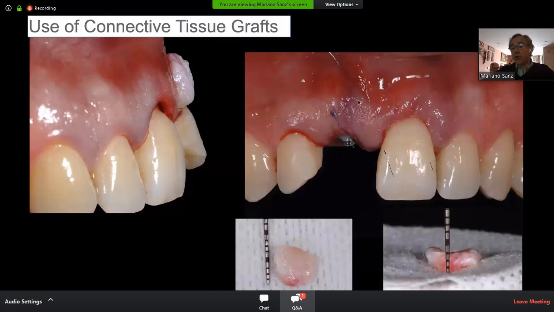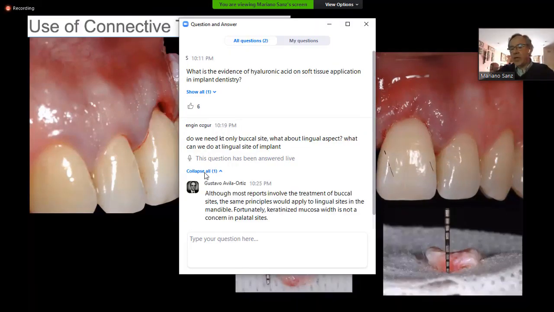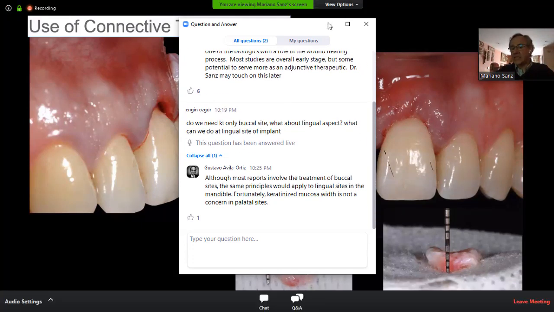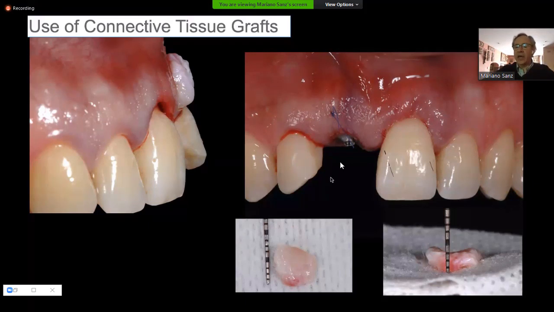In this situation, completely different from the technique before, the augmentation is always done submucosally, and most of the time without elevating the interdental papillae, but just developing envelope flaps in the submucosal area where we can insert a gingival graft. You have to understand that when we do this kind of envelope flap procedure, when we close the flap, there is going to be quite a lot of pressure on top of the graft.